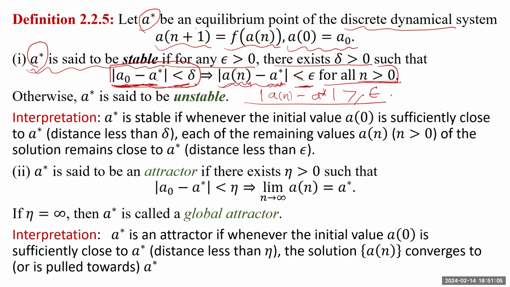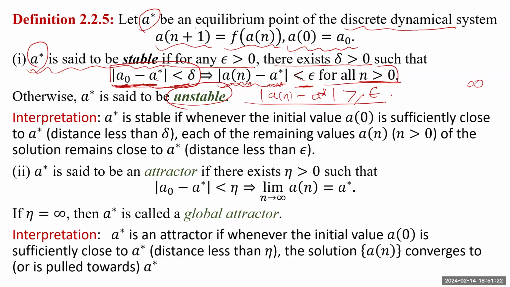Such a condition, we call it unstable. So simply, what we discussed in the previous example, as n tends to infinity, whatever the output is infinity, we can say that one is unstable.